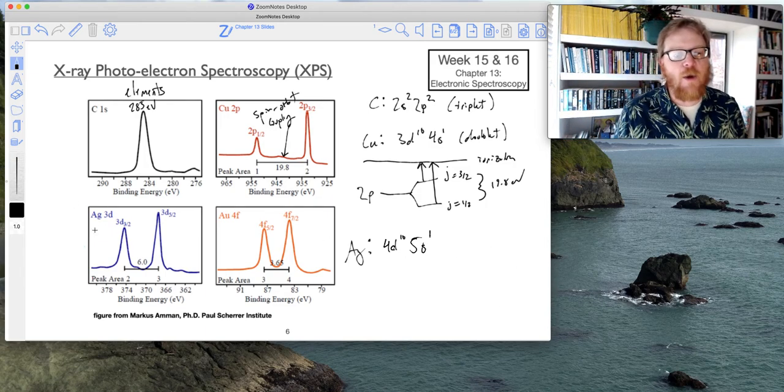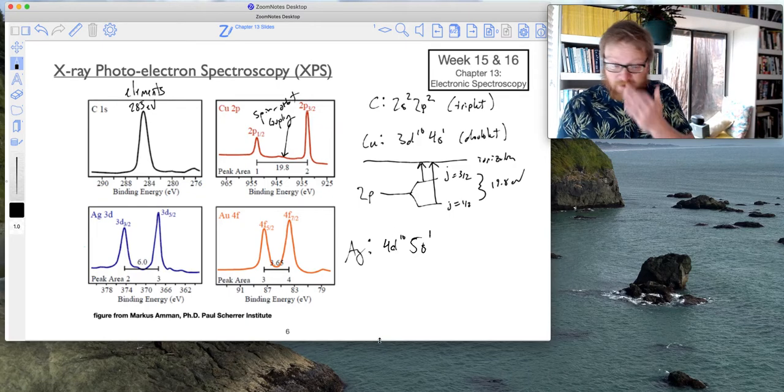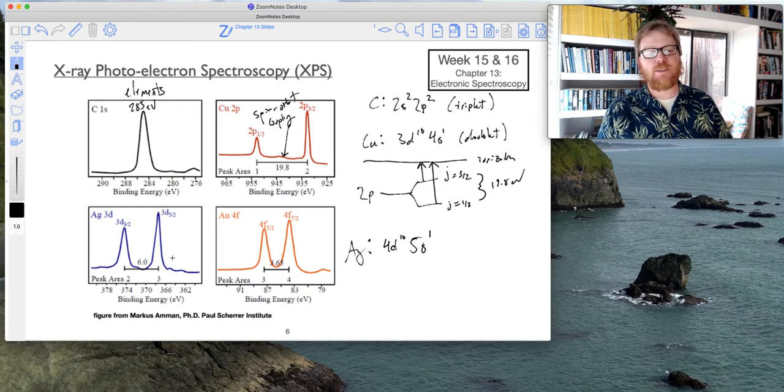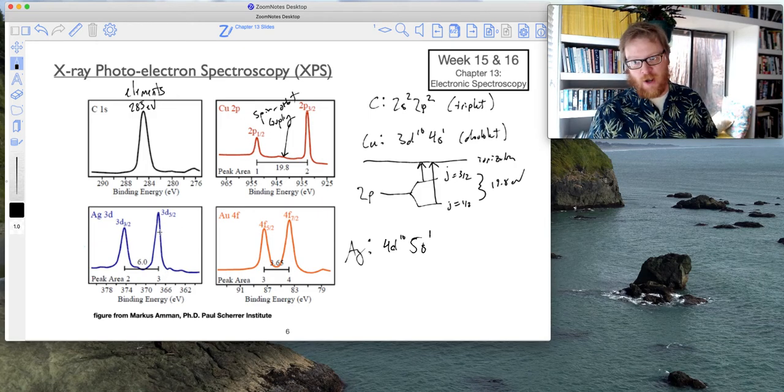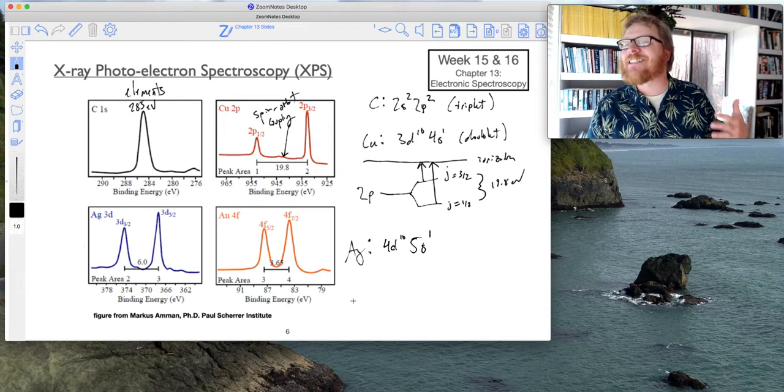Now here we're looking at the 3d electron level. Because silver is a doublet, it's going to have spin-orbit splitting, but you can see that that spin-orbit splitting is much less than it is for copper. That's due to the fact that silver has a lot more electrons, so that difference of being spin up or spin down is less significant.